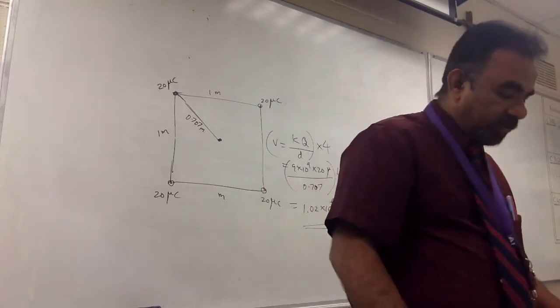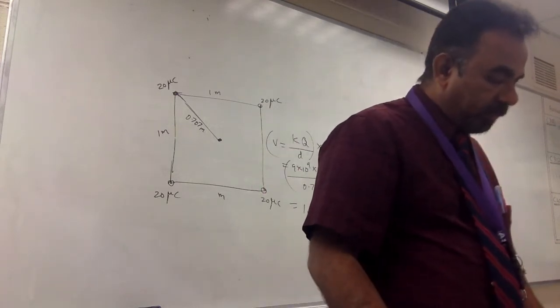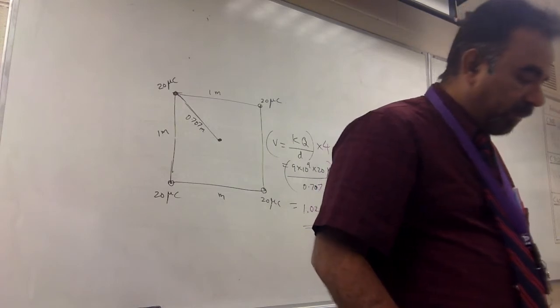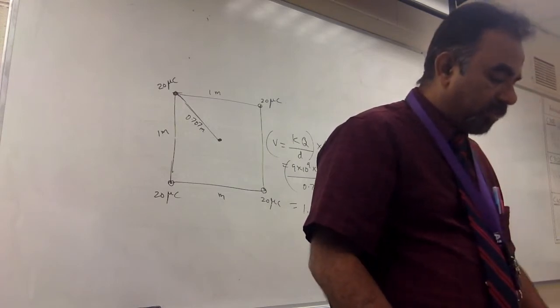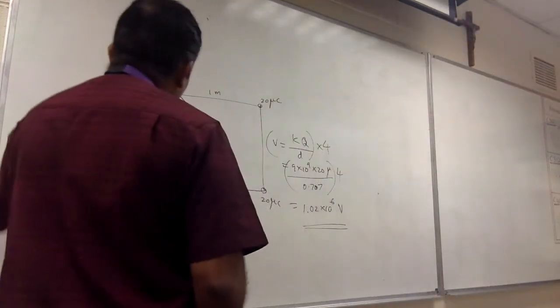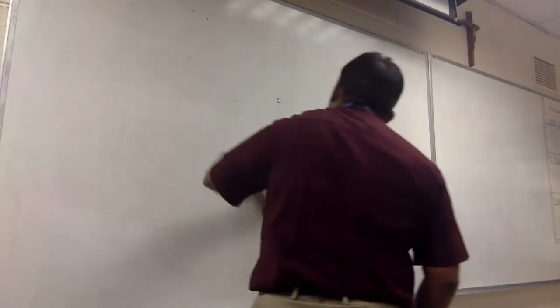If a capacitor has opposite 5.2 microcoulomb charges on the plates and an electric field of 2 kilovolt per millimeter is desired between the plates, what must each plate's area be? So let's do that.